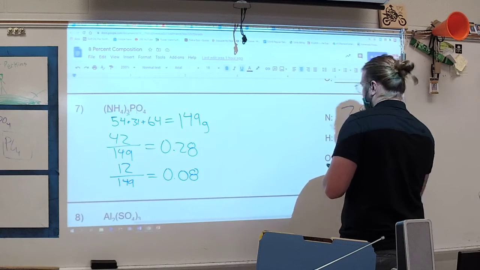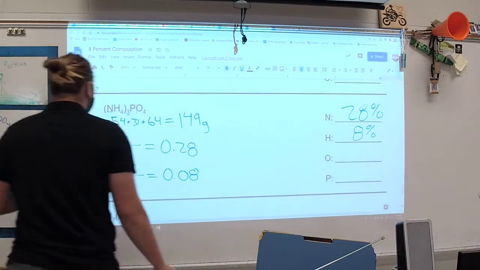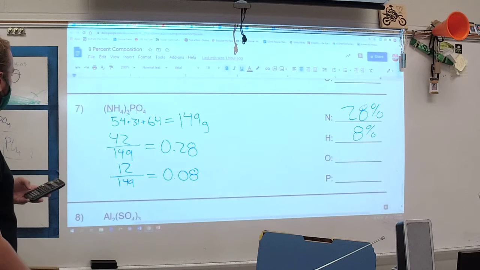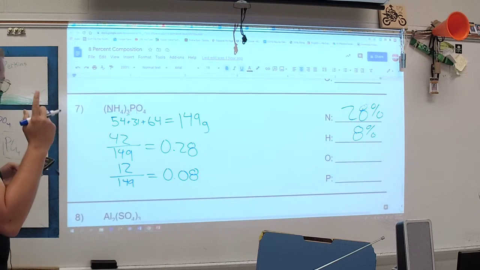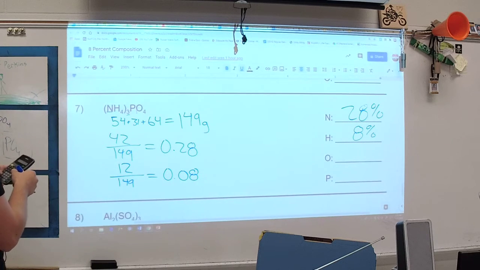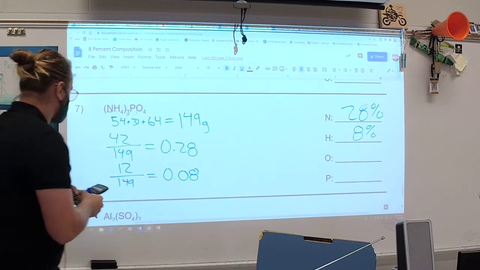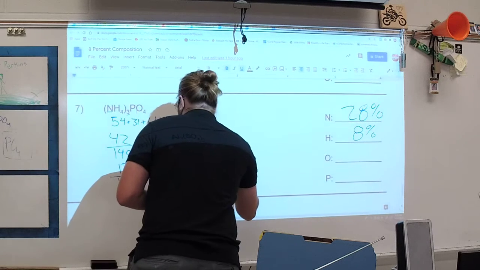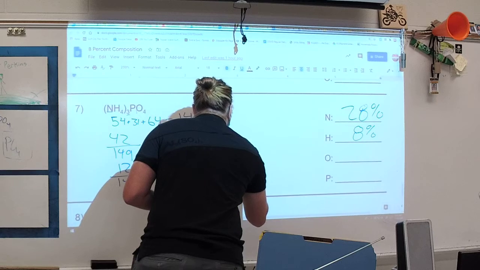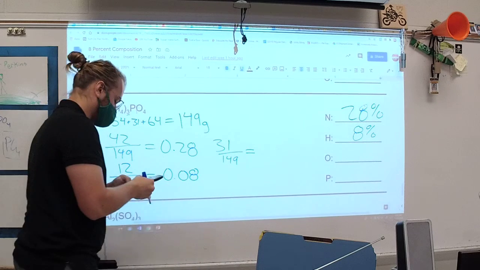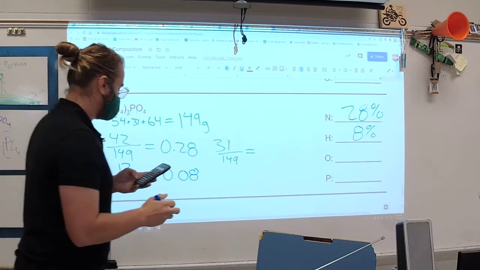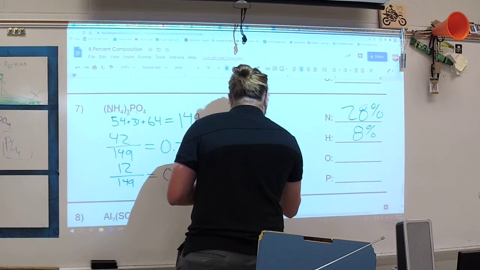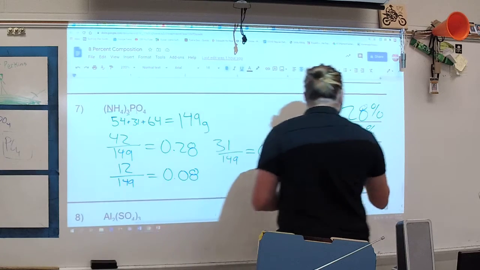How many phosphorus do we have? It's only 1. That weighs 31, so 31 over 149. 0.21, that's 21%.